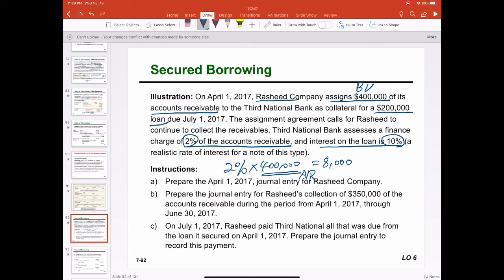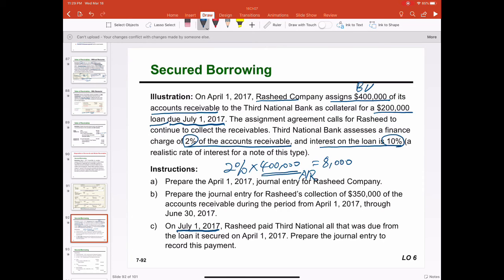So here, the contract was signed on April 1st, 2017, and the loan is due on July 1st. So from April 1st to July 1st, April, May, June, there are 3 months, right? During these 3 months, the bank is going to charge 3 months interest from Rashid.